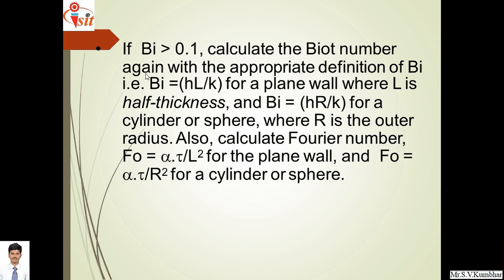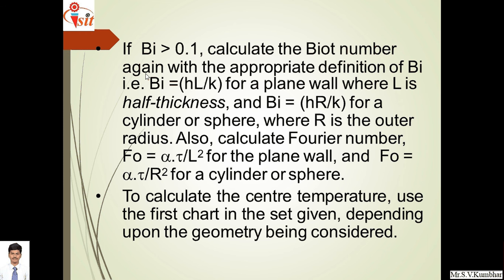If the Biot number is greater than 0.1, calculate the Biot number again with the appropriate definition. Where L is the half thickness, Biot number is equal to hR upon k for a cylinder. Also calculate the Fourier number, Fo equal to alpha t upon L square, for a plane wall as well as a cylinder.